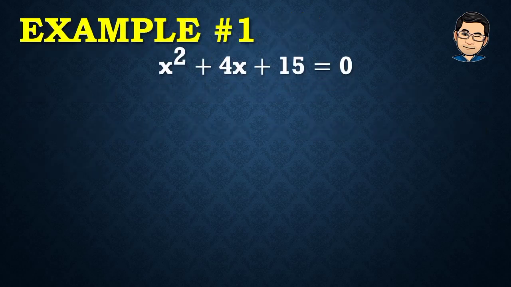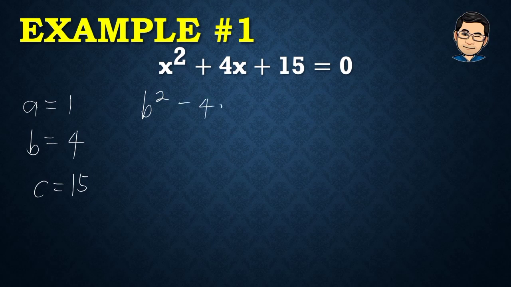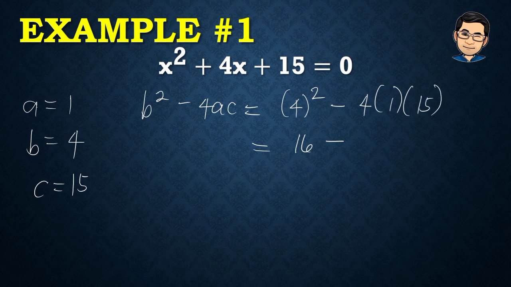So let's have an example. X squared plus 4x plus 15 is equal to 0. So a is equal to 1, b is equal to 4, c equals to 15. So b squared minus 4ac is equal to 4 squared minus 4 times 1 times 15. 4 squared, that is 16, minus 4 times 1 times 15, that is 60.